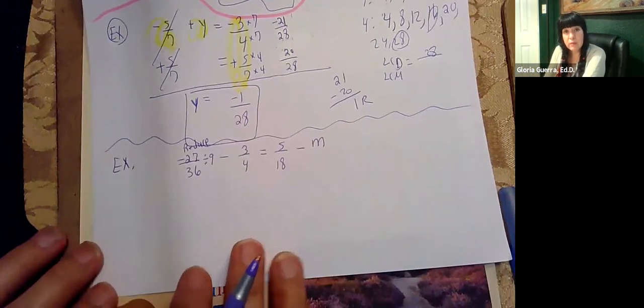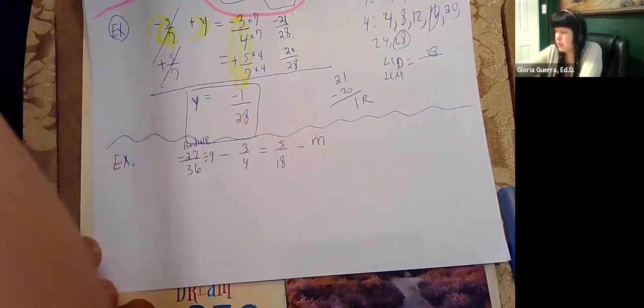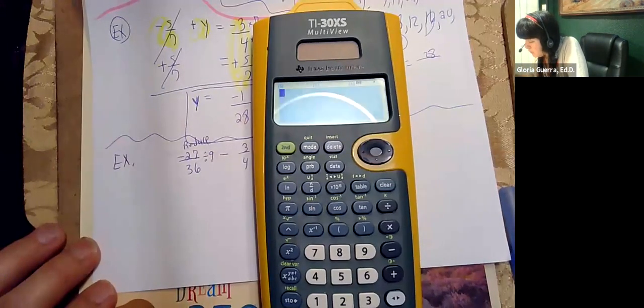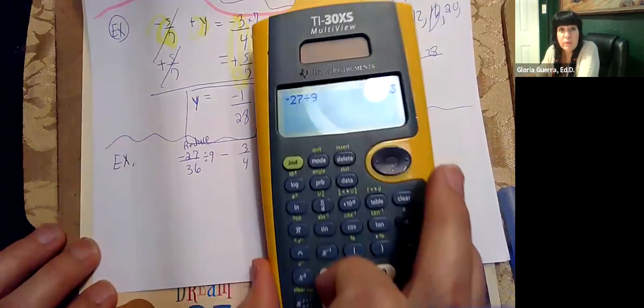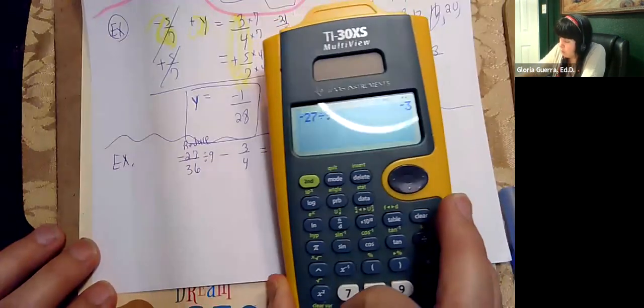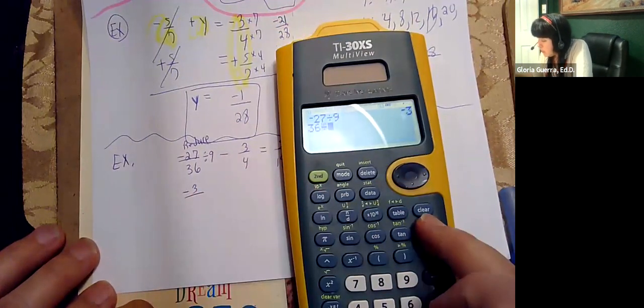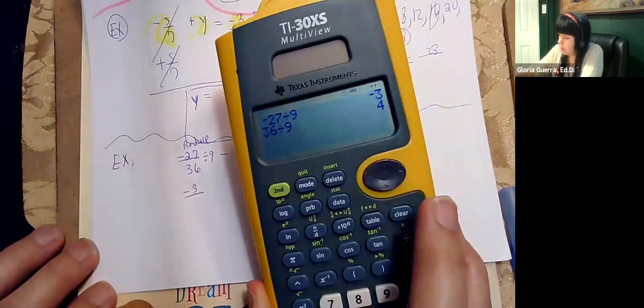So if I rewrite that, negative 27 divided by 9, looks like that's a -3. And 36 divided by 9, it's a 4.